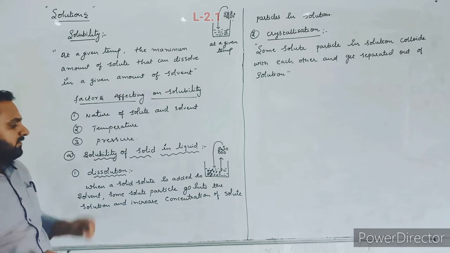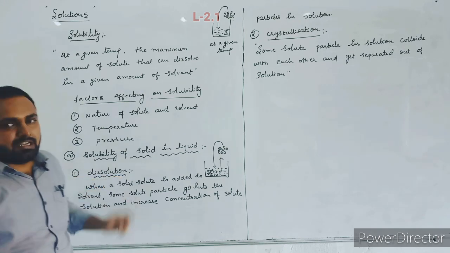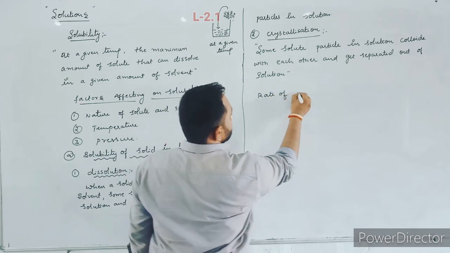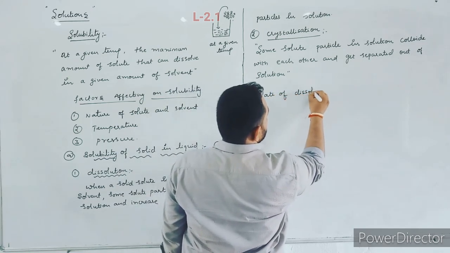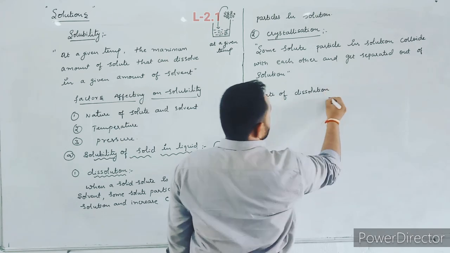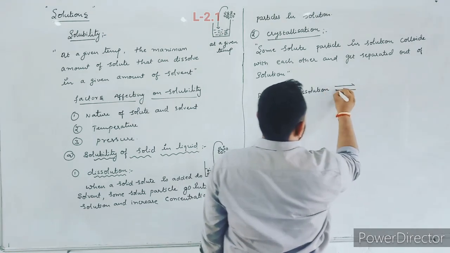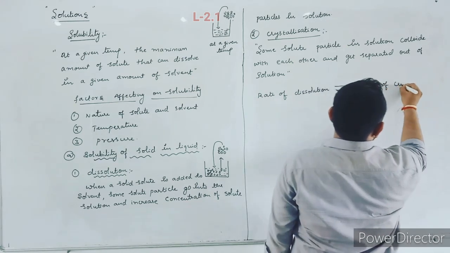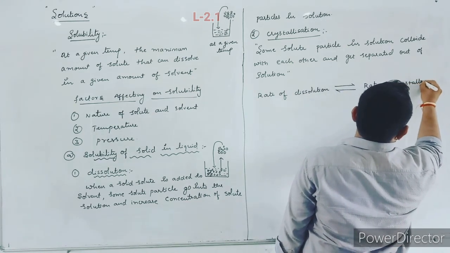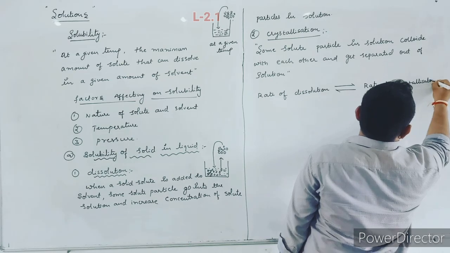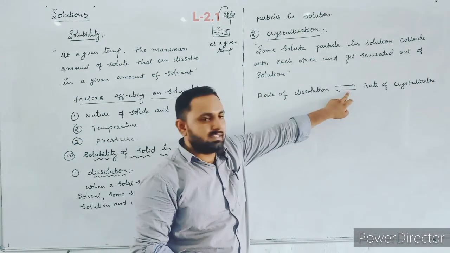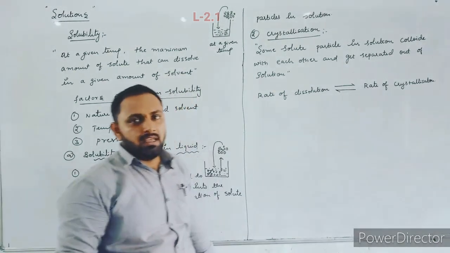When the rate of dissolution becomes equal to the rate of crystallization, then we can say that the process has reached the equilibrium state.